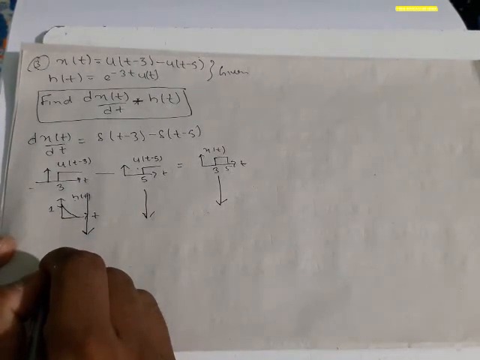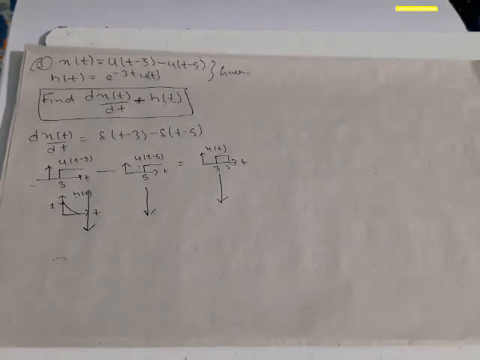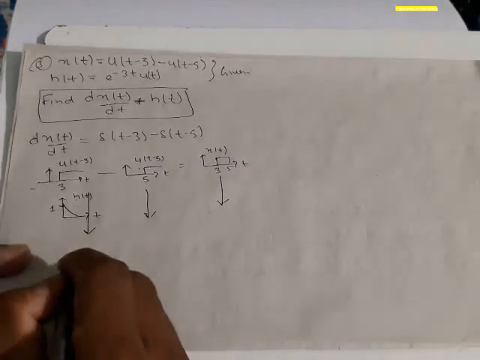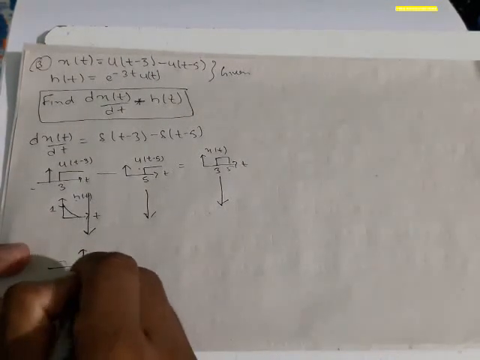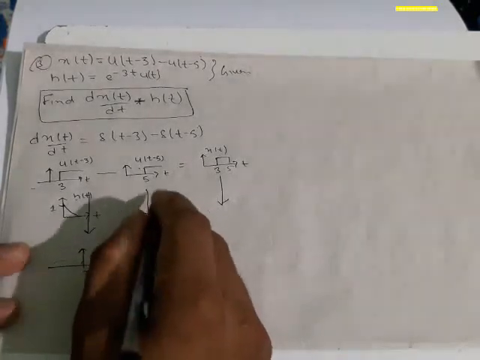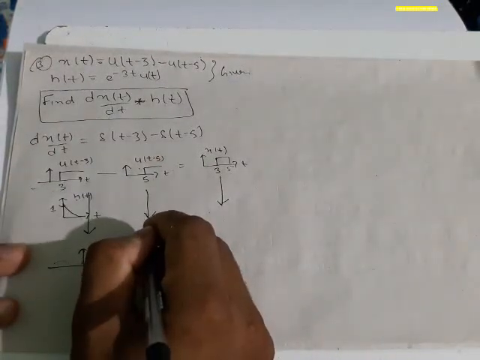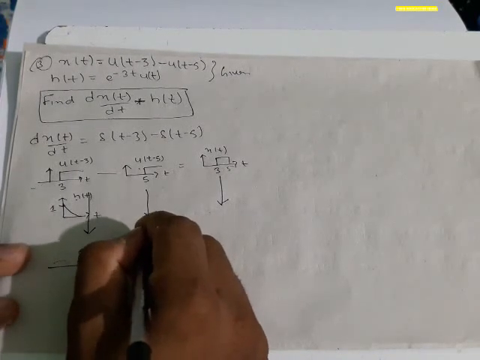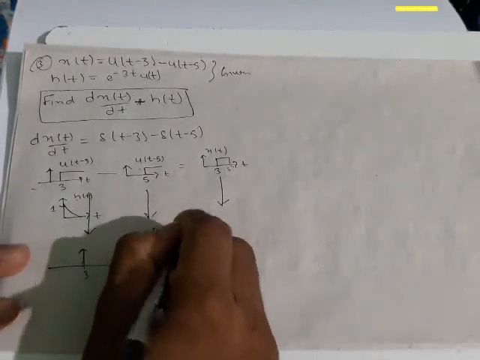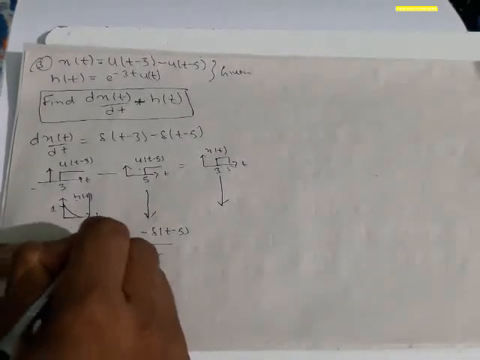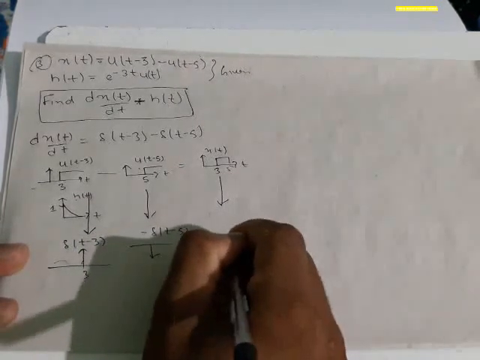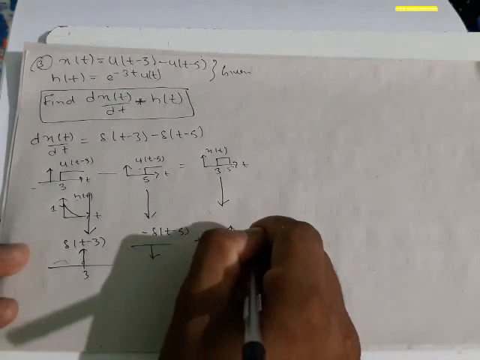We can say that d m of x by dt m convolution with d n of h by dt n equals d of (m plus n) of y by dt of (m plus n).